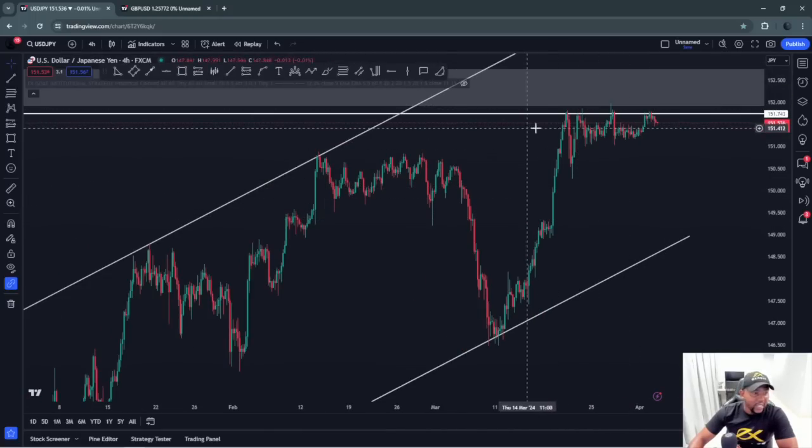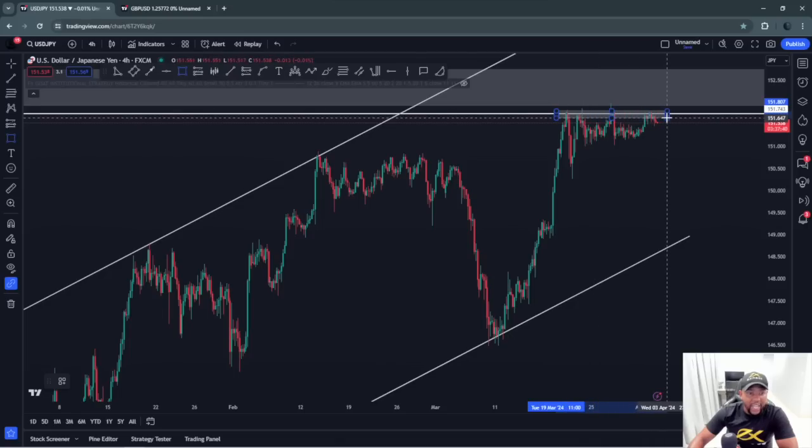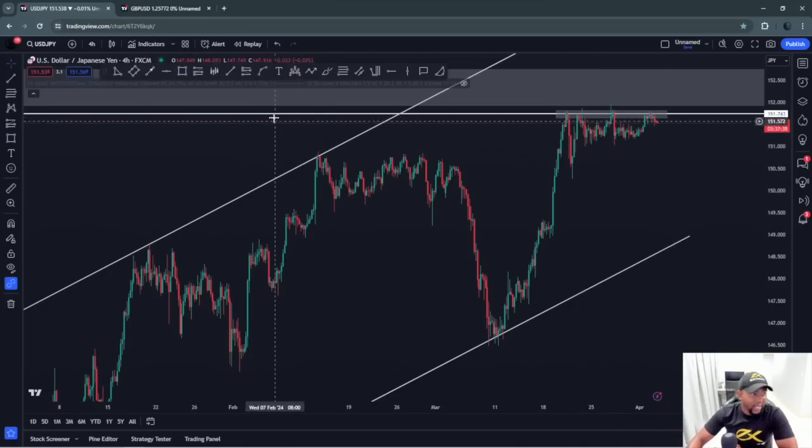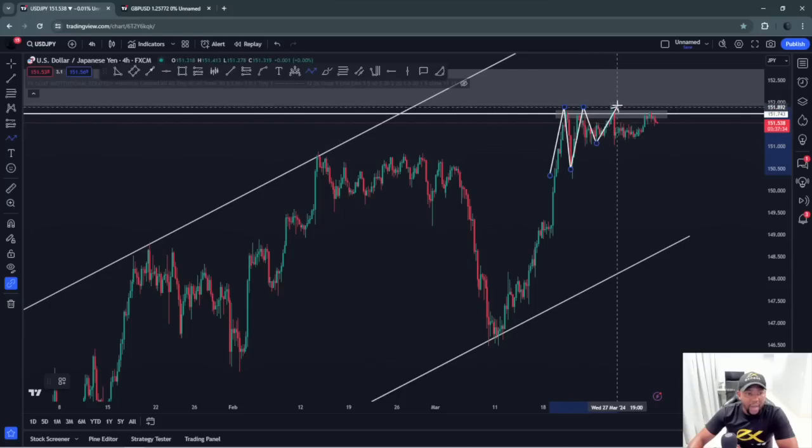As you can see, we are currently at a resistant area and the market has been failing countless times, guys, to break above our resistant area, making sure that we have a strong resistant area and we basically have a surplus of sellers coming in and preventing the buyers from going up.